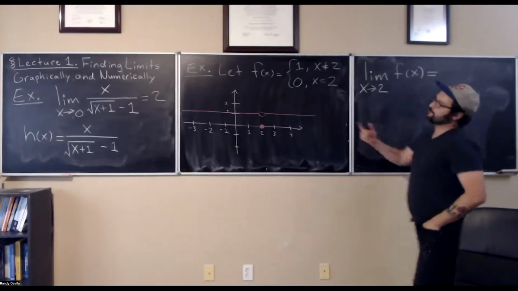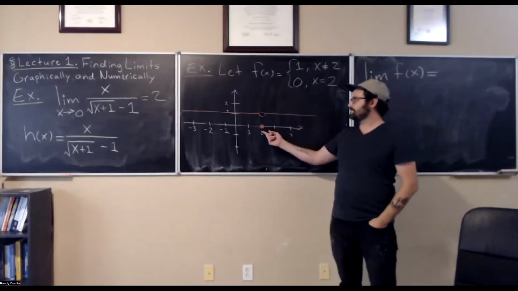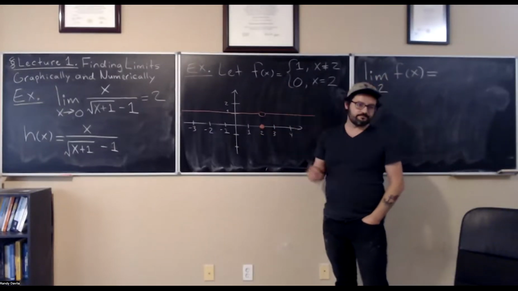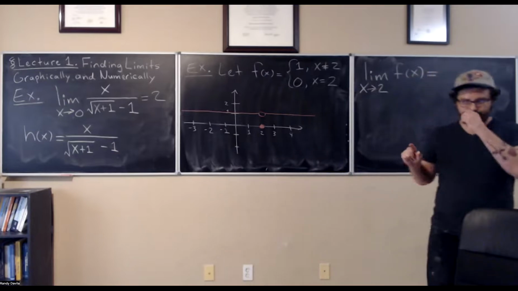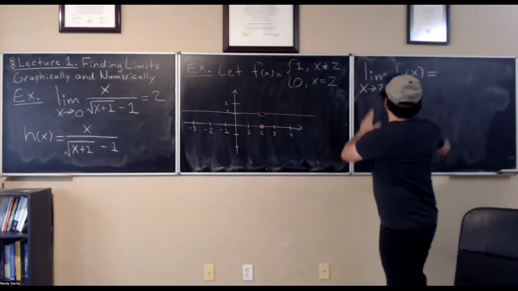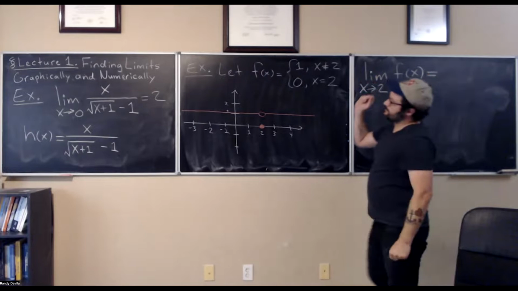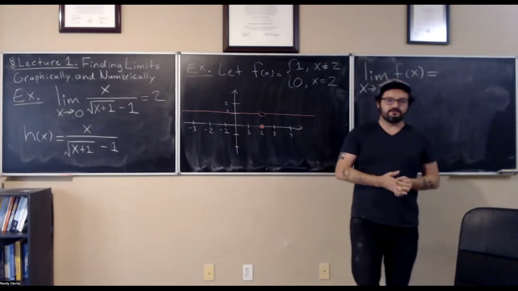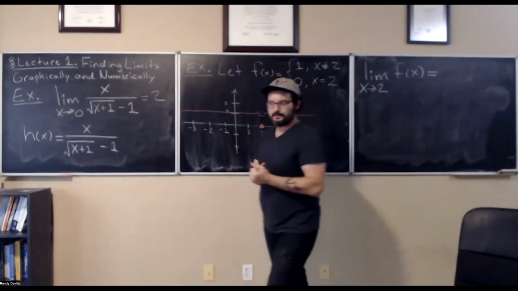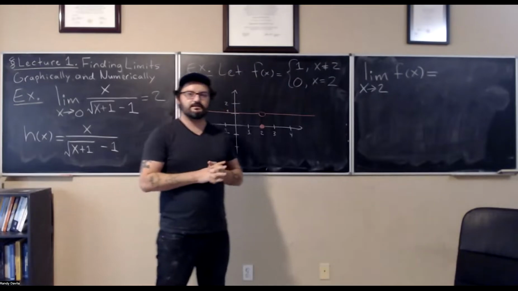So if we evaluate the function at 2, it is indeed 0, right? However, remember earlier I said that this is a process which is different than evaluation. I kind of emphasized that a few minutes ago.